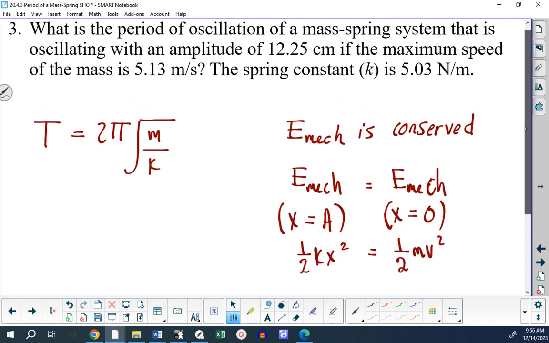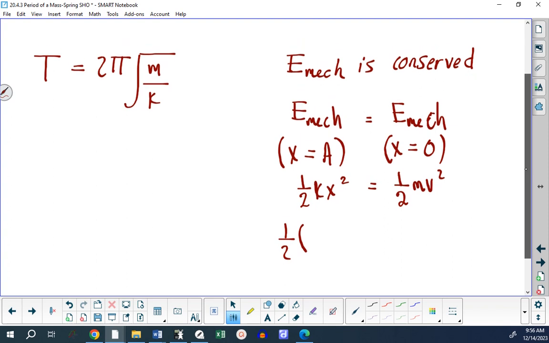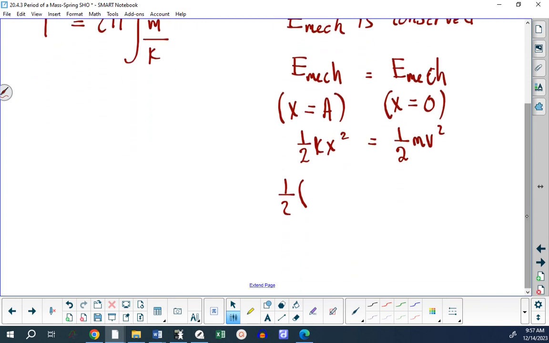So what are my numbers here? Okay, so I have 1/2 times the spring constant. I'm sorry, I don't think I ever really said: we need to find the mass from this, so that we can put the mass into our period formula and calculate the period. The spring constant is 5.03.